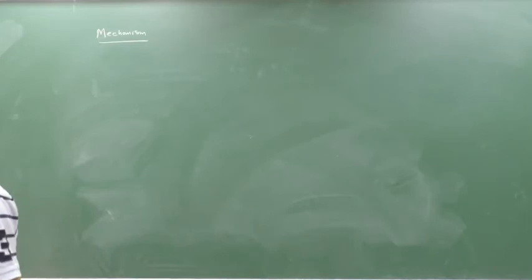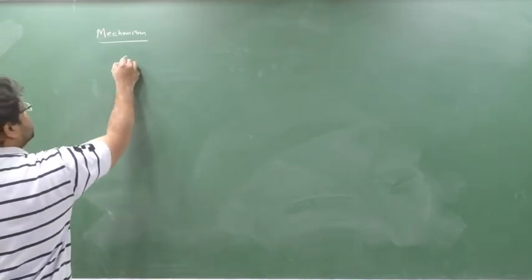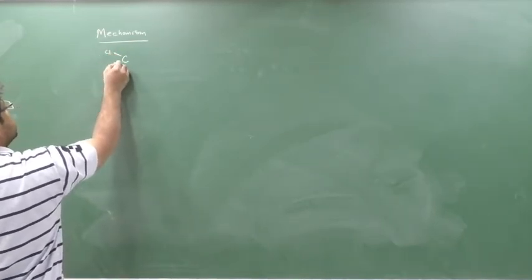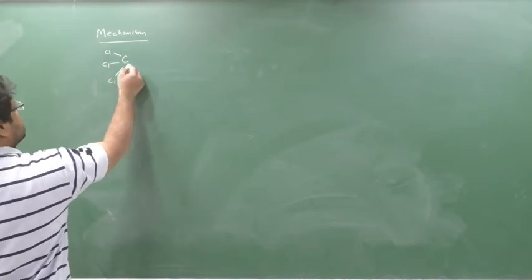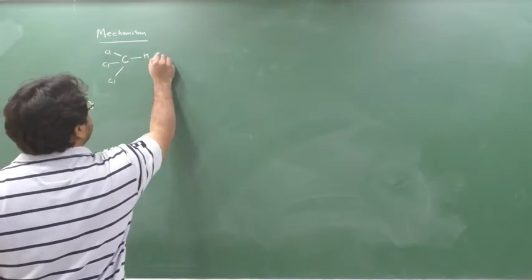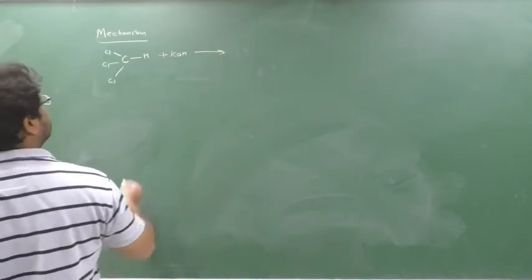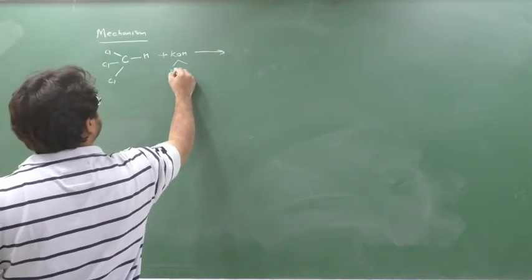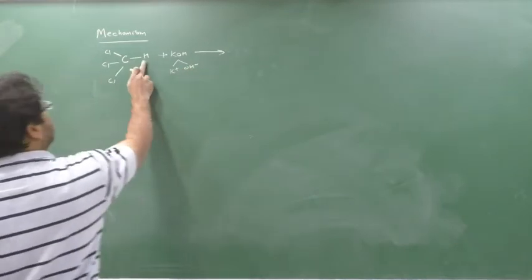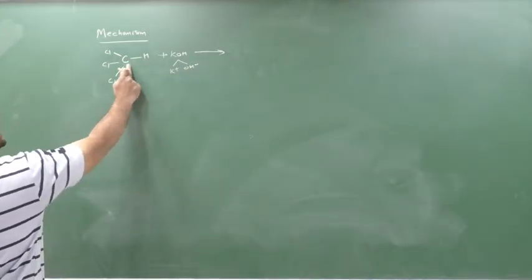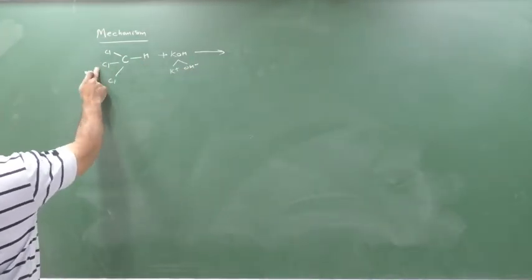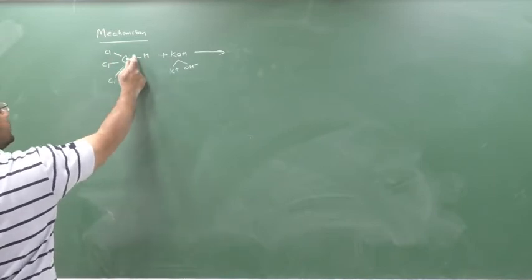See, in the first step, chloroform will come. Chloroform is CHCl3, so here Cl, here Cl, here Cl, here H. This will react with KOH, which gives K plus and OH minus. This is an acidic hydrogen, because carbon is associated with the more electronegative element chlorine, so this bond is stronger and this bond becomes weak.